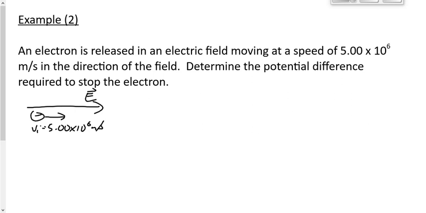So if it's moving to the right, but there's a force to the left, what's going to happen to that particle? It's going to slow down. Well, that's like a car doing what? Braking, yeah, or going up a hill.